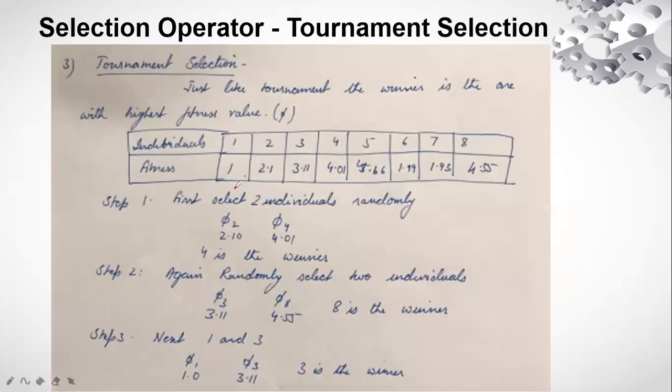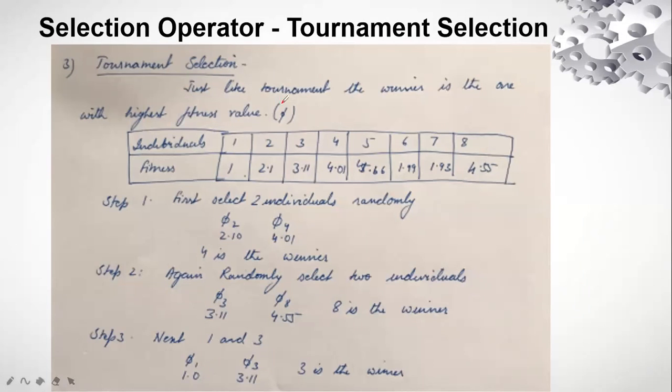Now moving to the third selection operator. The third selection operator is called the tournament selection. Now you must have seen so many tournaments. What is the actual way of playing a tournament? Firstly, we randomly select which two teams are going to play against each other, right?